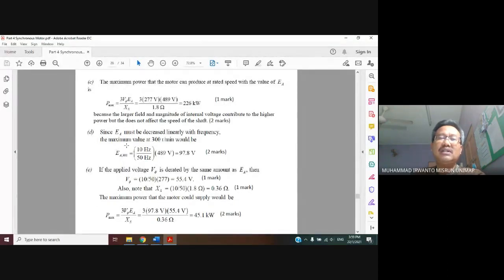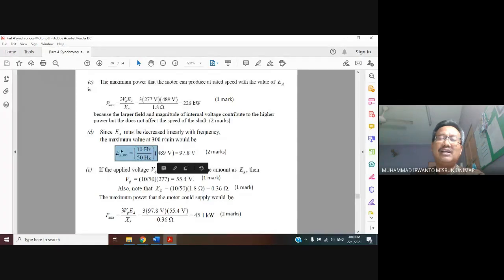Yeah, so meanings the internal generated voltage when the rotor speed 300 over internal generated when the rotor speed 1500 is equal to frequency or rotor speed 300 divided by frequency for the rotor speed 1500. Nah, so kalau saya tulis lah ya dekat sini ya. Ini saya pun tak pandai tulis-tulis ini, tapi saya ceritanya.